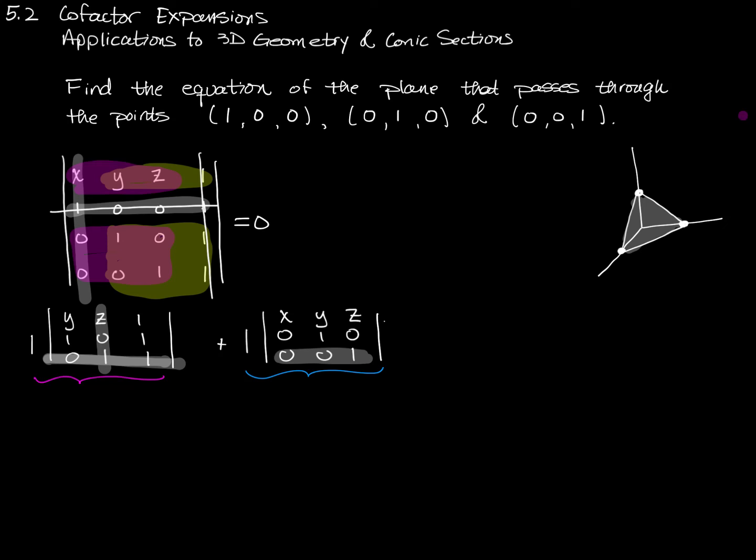I'll start with the coefficient, which is 1, and I'm going to multiply that by the determinant of the matrix that's left over when you cross those out. That's Y, 1, 1, 1. I'm looking at not these values and not these values. That leaves these values.